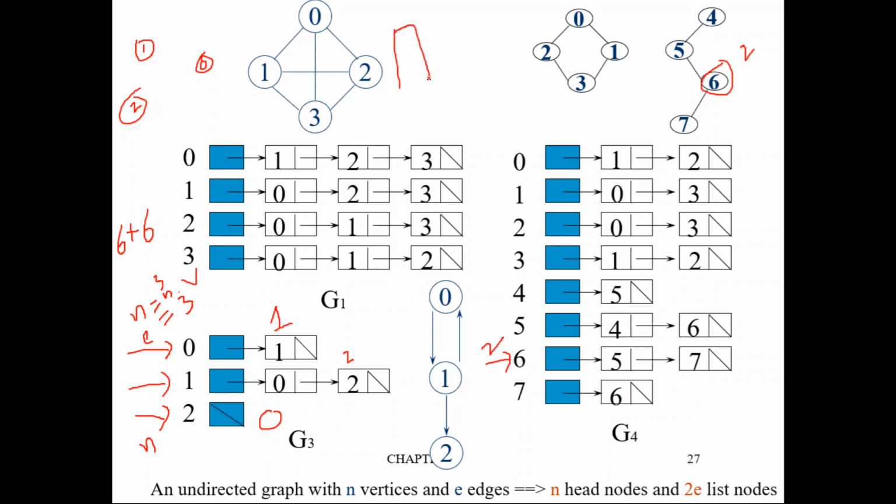You have to check the pointer of 0, the pointer of 1 and the pointer of 2. This array is an array of pointers, and the pointer of 0 is null, the pointer of 1 is null, and the pointer of 2 is null. Anyway you have to make 3 comparisons, and here 3 is nothing but n.